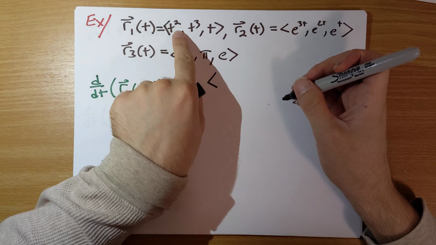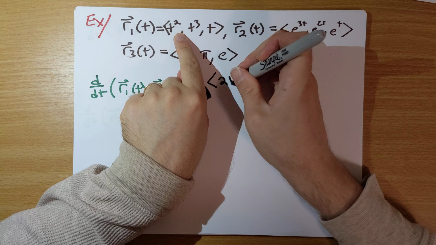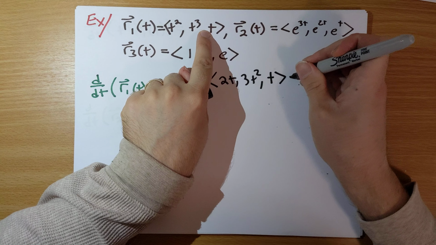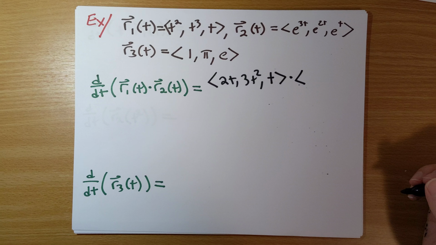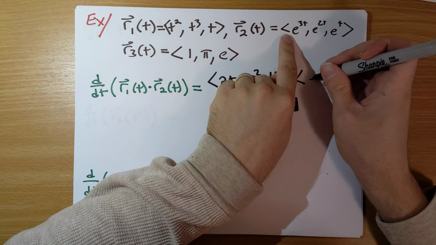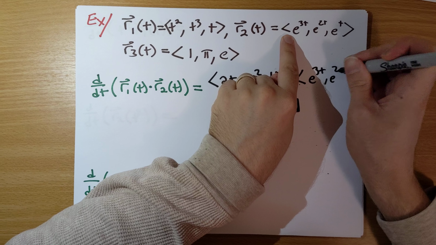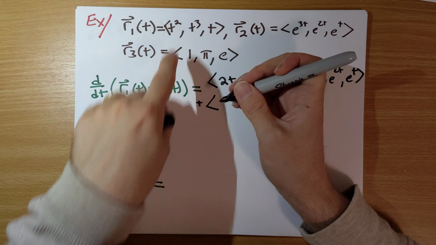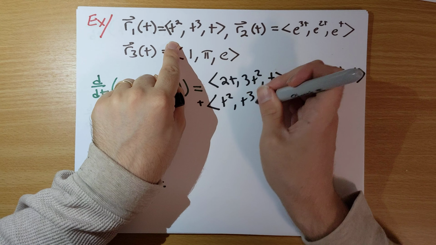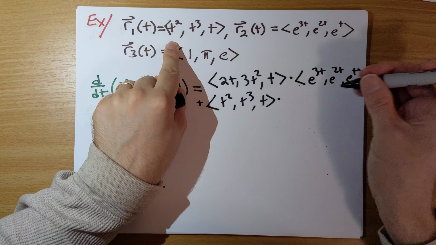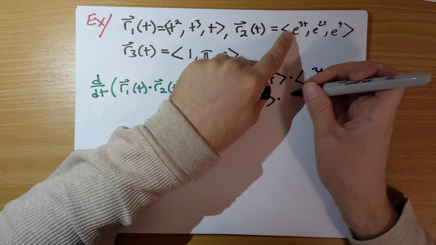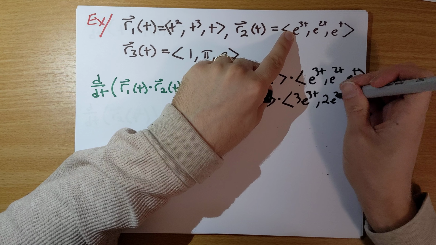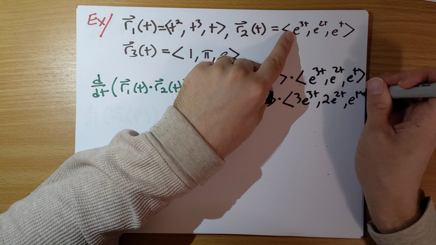Okay, so the derivative of r1 of t would be 2t, 3t squared, and 1, dot product with r2 of t, e to the 3t, e to the 2t, e to the t, plus r1 of t, t squared, t cubed, t, dot product with the derivatives here. So 3e to the 3t, 2e to the 2t, e to the t.